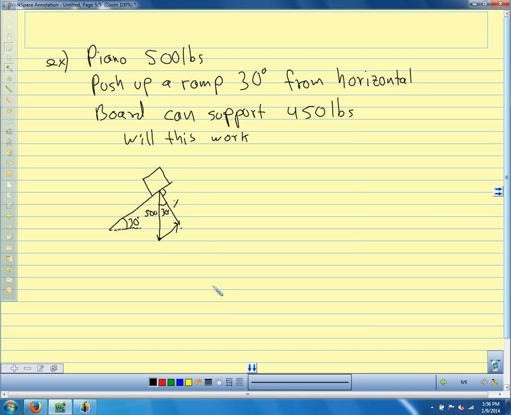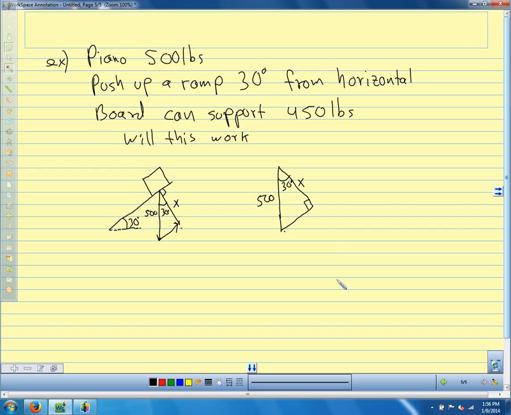It's our unknown. So looking at this little triangle, let me redraw that triangle. That's 500. That's 30 degrees and that's x. And this is a 90-degree angle.